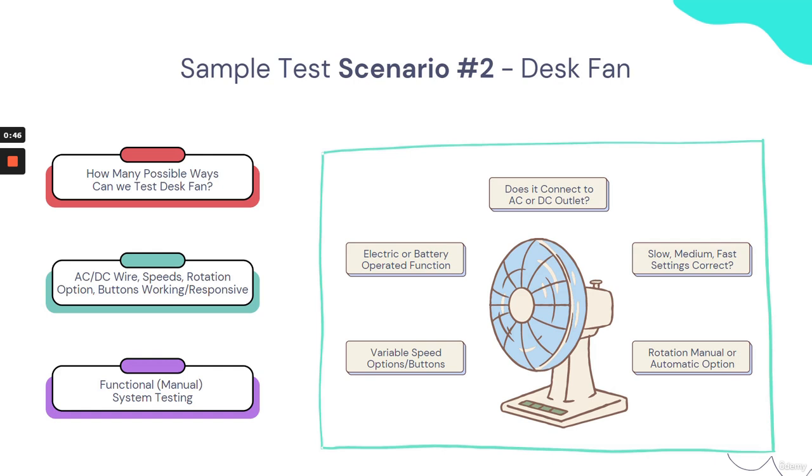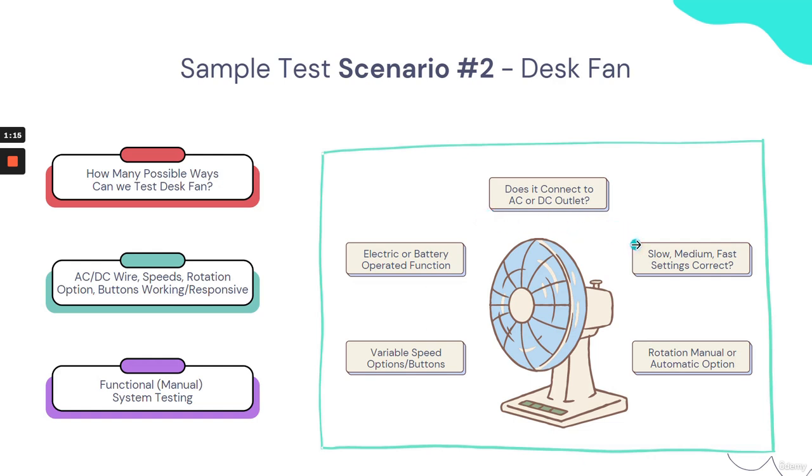So some of the functional or manual system testing scenarios that come to mind for this situation would be things like, is the fan battery operated or electric, needing a wired plug-in? Does it have variable speed options or buttons such as slow, medium, or high? Does it connect to an AC or DC outlet?